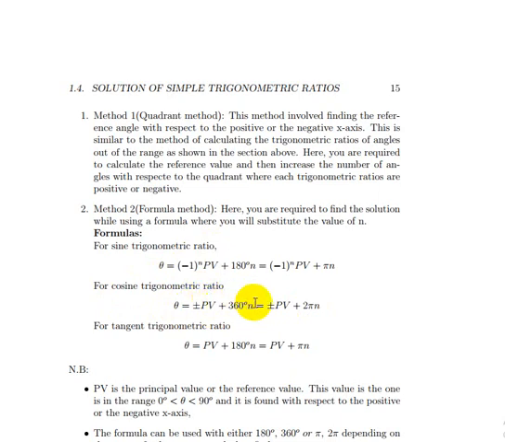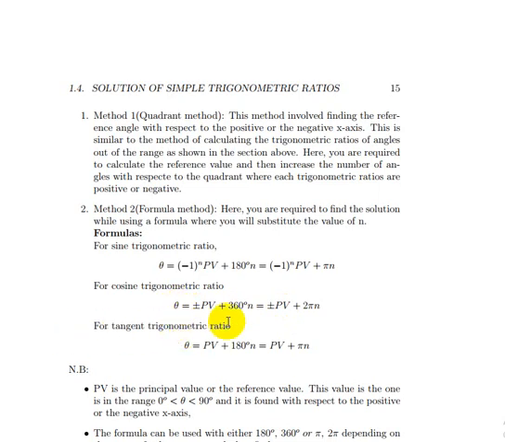Or if you are given a range in radians, let's say 0 less than or equal to theta less than or equal to 2 pi, we are going to use the second formula, plus or minus PV plus 2 pi n, where n is still an integer which can be taken from 0 to the negative integer values, -1, -2, -3, or from 0 to positive integer values 1, 2, 3, depending on the range that you're asked to calculate theta.